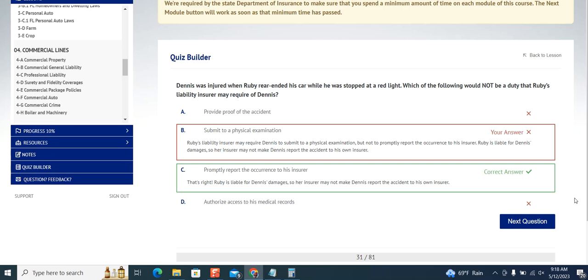Blah blah blah blah. Which of the following is not a duty that Rubin's liability insurer may require Dennis to do? Promptly report the occurrence to his insurer. What was the question? Which of the following would not be a duty that Ruby? Who was Ruby? Ruby was rear-ended?